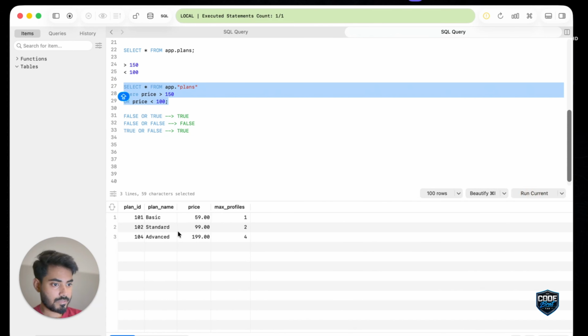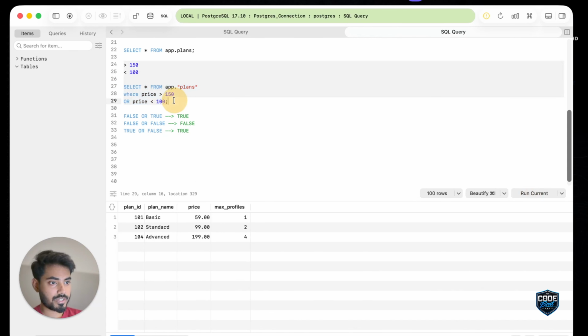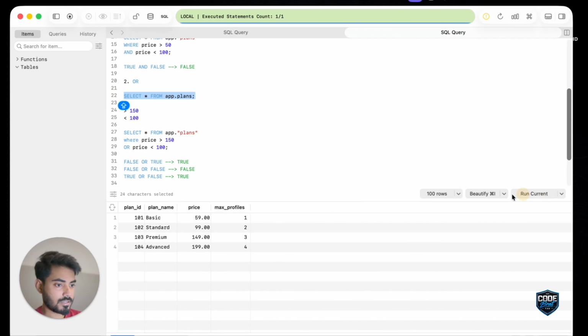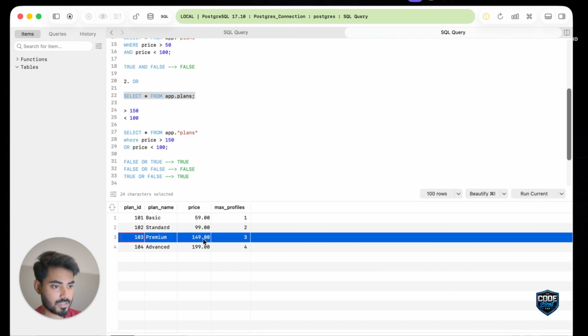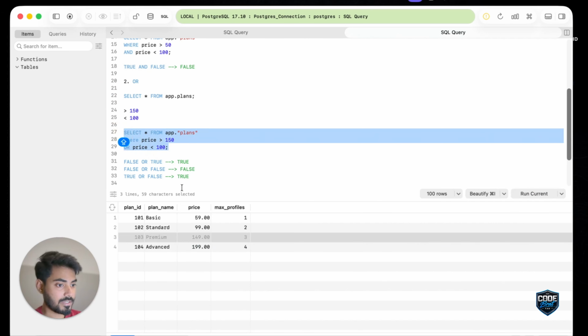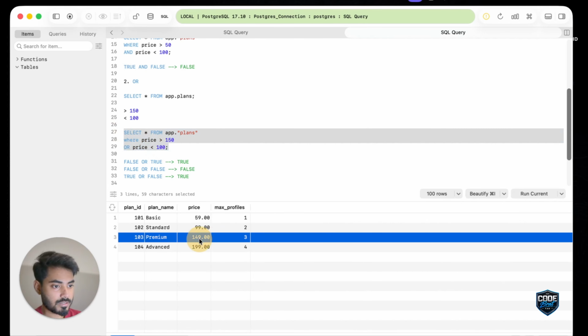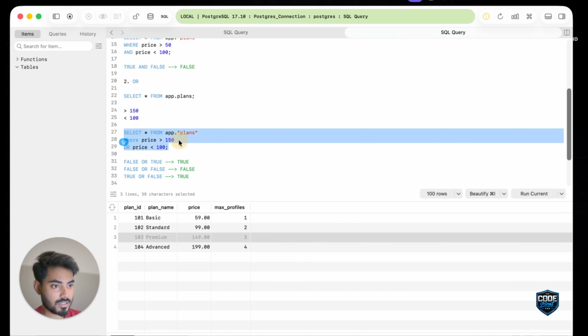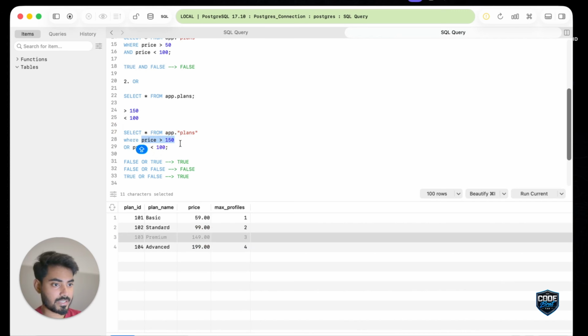So if we run this, we will get only 3 rows. Why did we get 3 rows and not 4 rows? Let's run select star from this table again and see here. This row has a price of 149 and we did not get it in the final output. Why? Because 149 is not greater than 150, right?